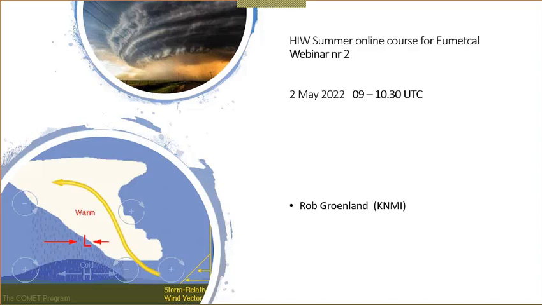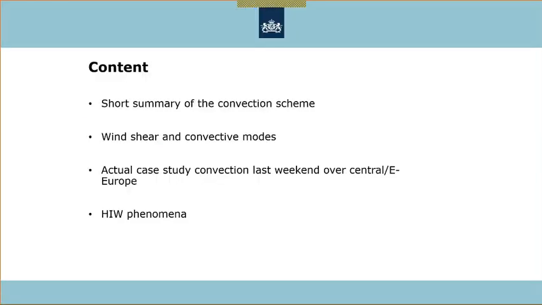And today, in the next hour, I'm going to talk about first a short summary of the so-called convection scheme we use on a daily basis at KNMI in our forecast office. And then I will tell you something about the role, the importance of wind shear in this story, and its influence on the formation of organization of thunderstorms, also called convective modes.